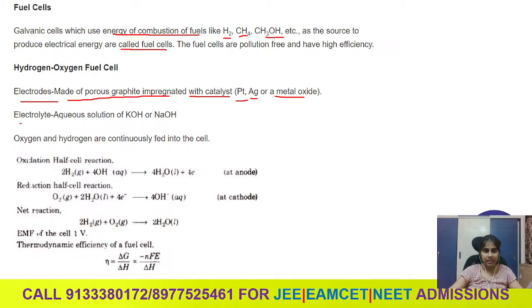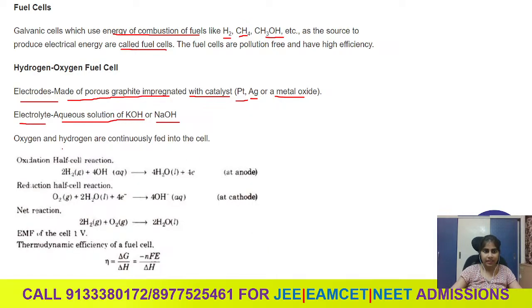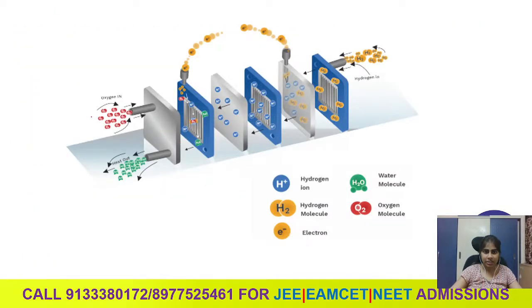Here the electrolyte is the aqueous solution of KOH or NaOH. And next, oxygen and hydrogen are continuously fed into the cell. It means there is continuous passage of oxygen and continuous passage of hydrogen. You can see in this picture, they are both continuously pumped into this cell.